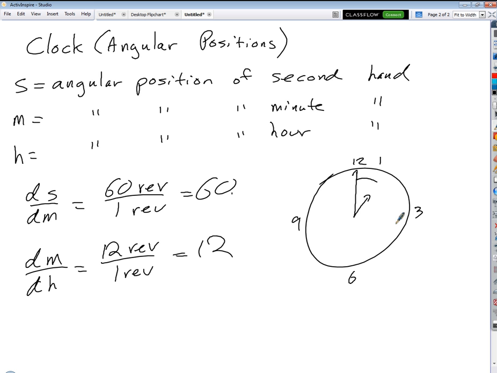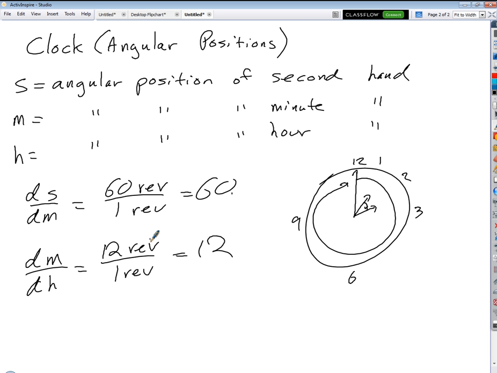When the minute hand goes all the way around once, the hour hand has moved 1/12 of one revolution. So the minute hand has to go around 12 times for the hour hand to advance all the way around once. 12 revolutions of the minute hand means 1 revolution of the hour hand.